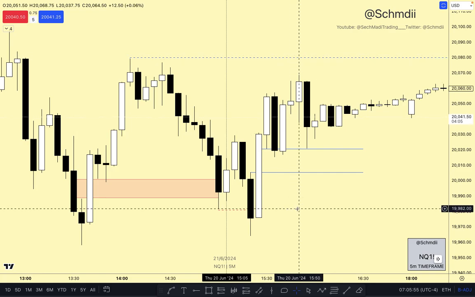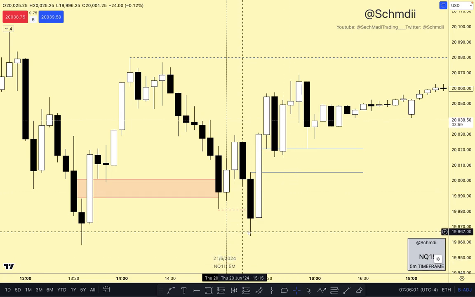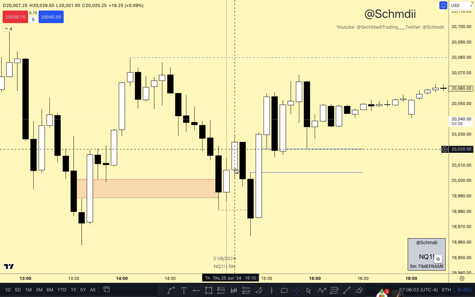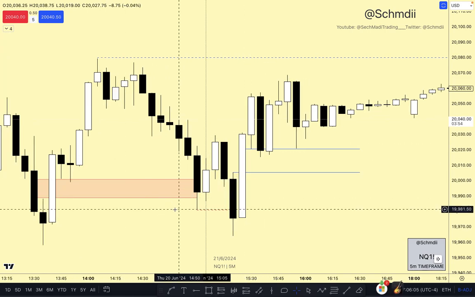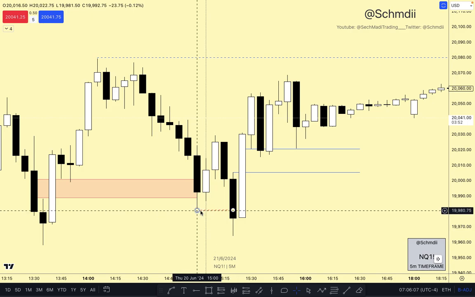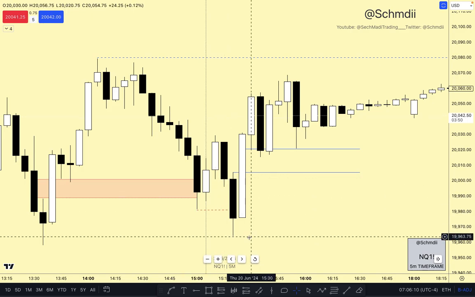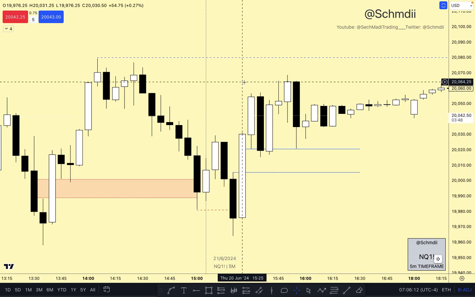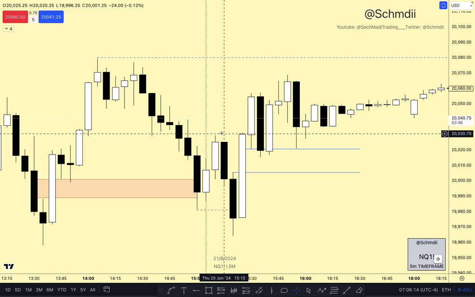Now seeing this gave me a newfound perspective. We had a clear run on liquidity with this price leg here, right? Sell side, run off that sell side, displaced to the upside. We took out that short-term high that you can see here.